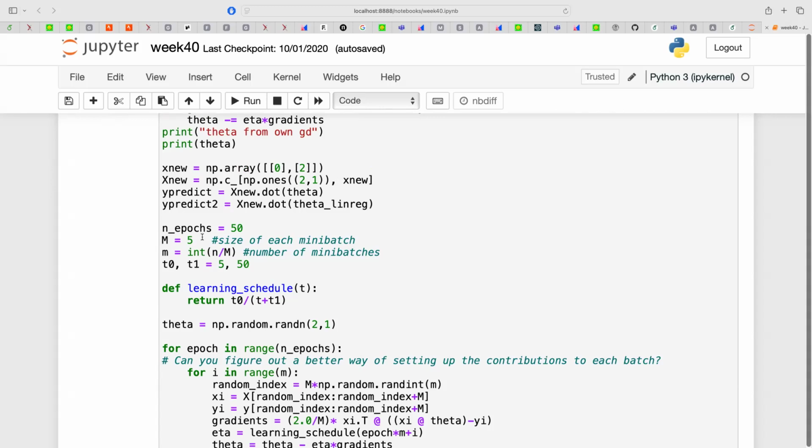This introduces a new parameter, which is called the epochs. This is a standard naming in the machine learning literature. So when you write your own stochastic gradient descent, you're going to introduce 2 new parameters. And you need to study the stability of the calculation of the gradients with respect to these 2 parameters.